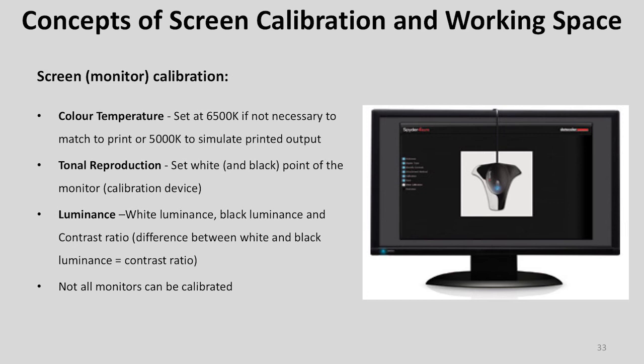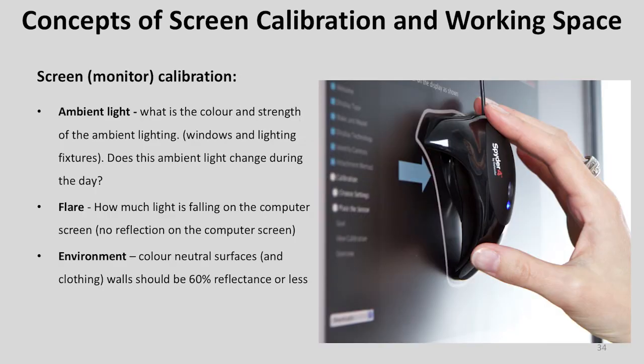When calibrating your monitor, you should take some environmental variance into account, such as ambient light and how much light flare is falling onto your computer screen. The room you do your editing in should have static ambient light and color temperature. What do I mean? If you have a window in the room, then always pull the blind down before you begin.